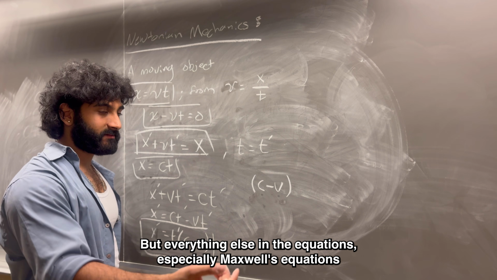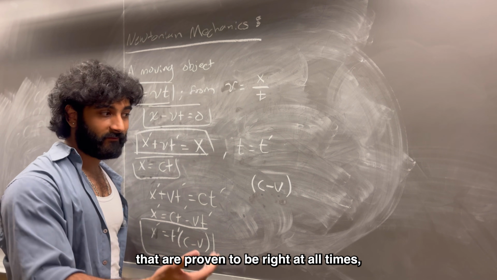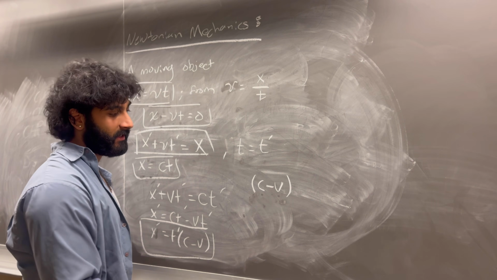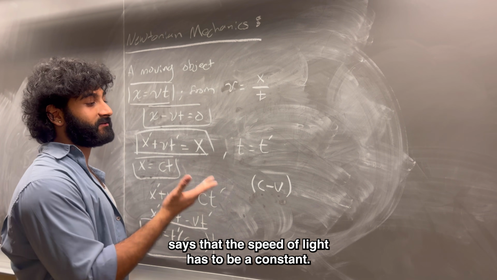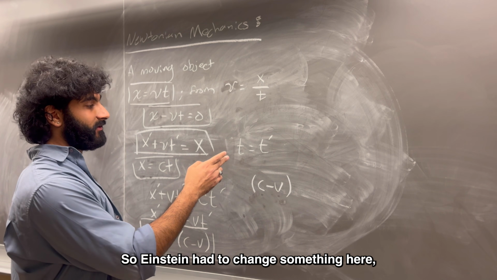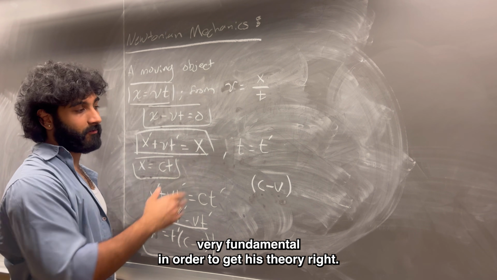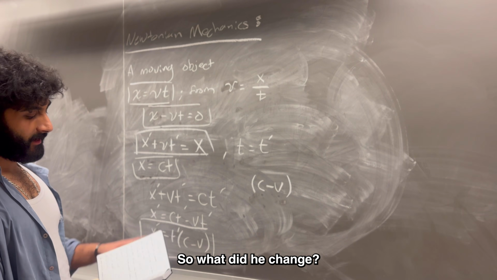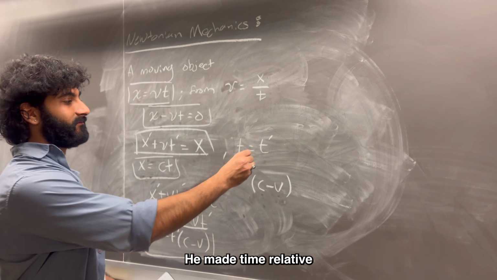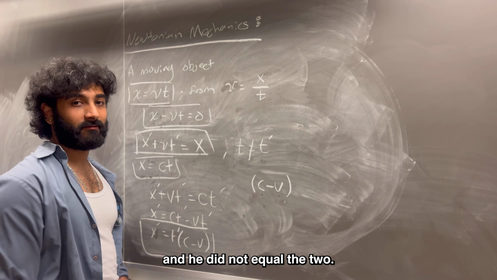But everything else in the equations, especially Maxwell's equations that are proven to be right at all times, says that the speed of light has to be a constant. So Einstein had to change something very fundamental in order to get his theory right. So what did he change? He made time relative, and he did not equate the two.